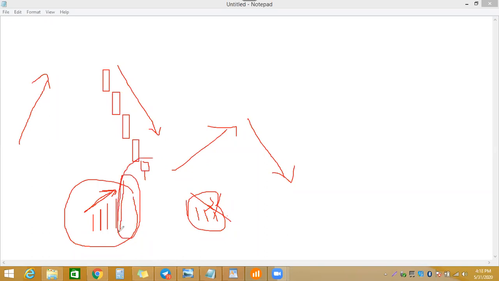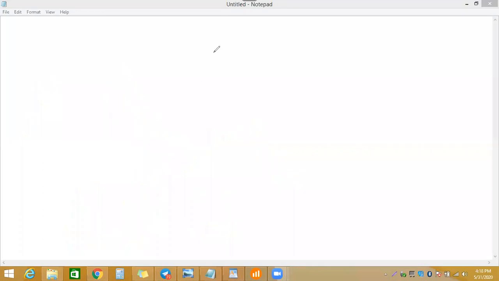This is not validating, so you can understand the trend will change in some minutes, in 1, 2, 3 or 4 minutes. So when price is falling and volume is rising, look at all of this for the sellers and buyers, just understand.